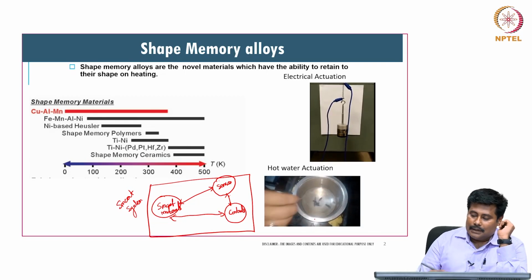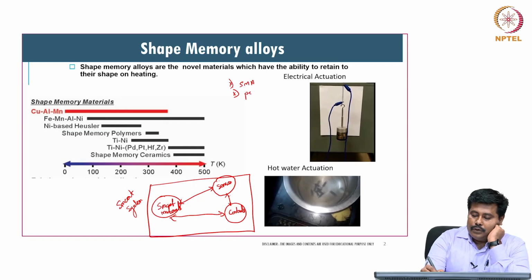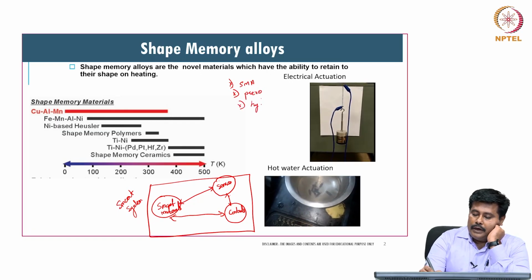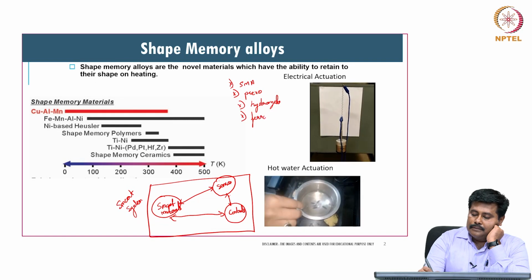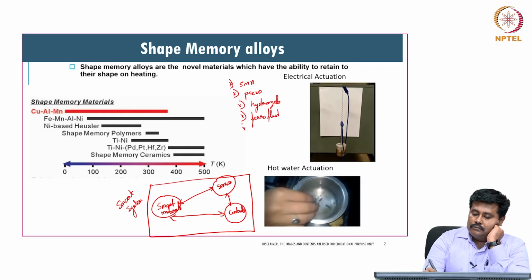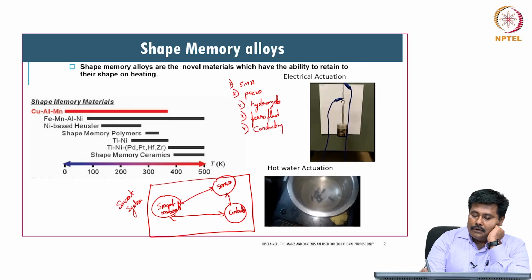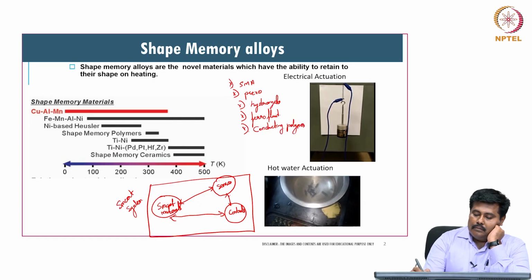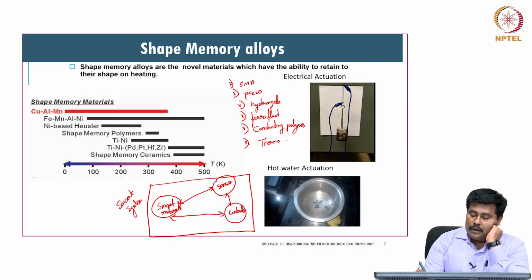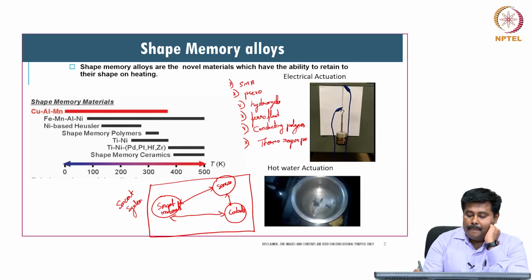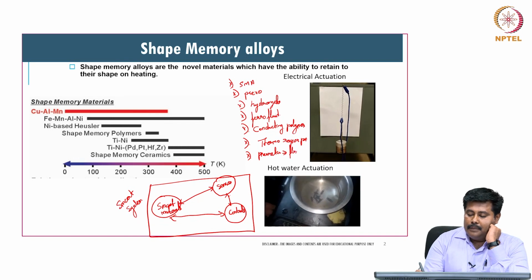There is a list of smart materials available, which includes SMA, piezo, hydrogels, ferrofluid structures, conducting polymers, and then also some responsive polymers, pneumatic flexible materials.